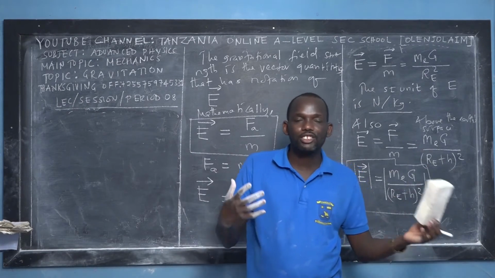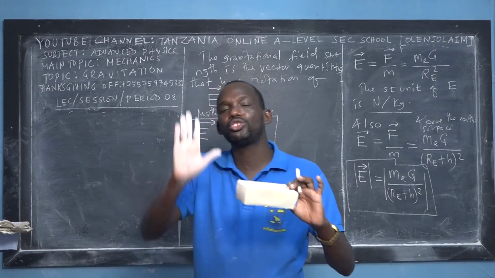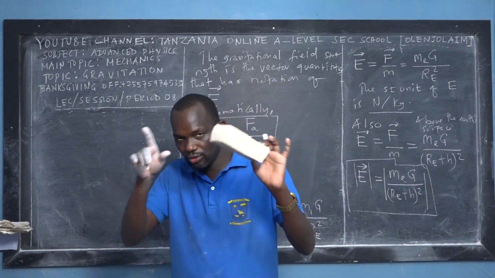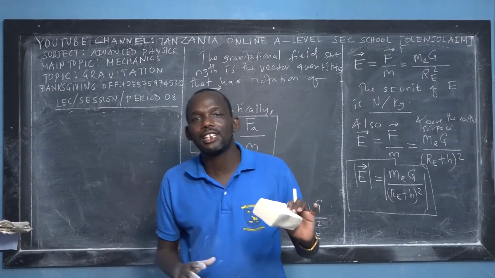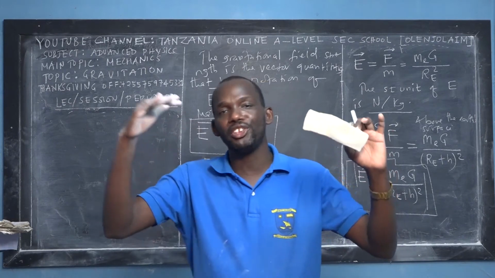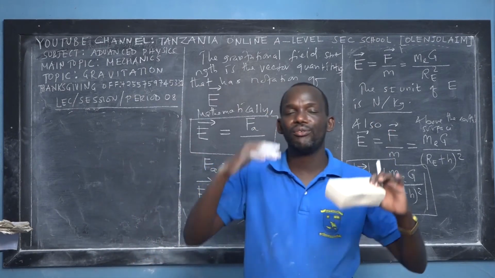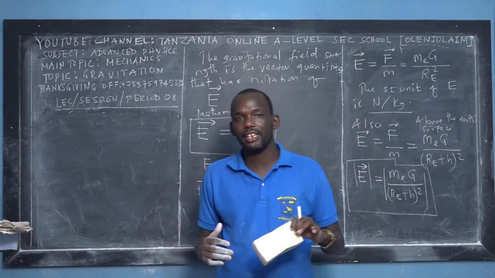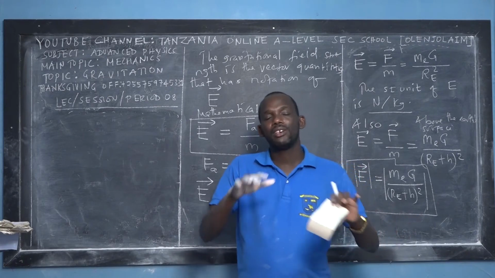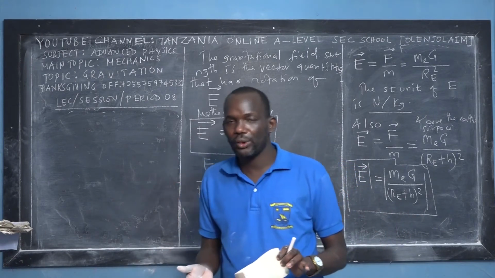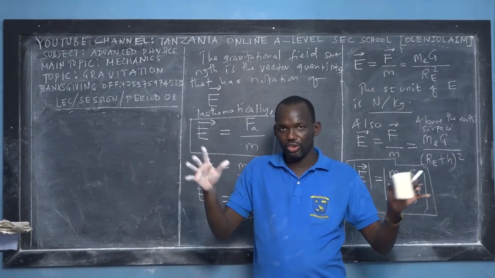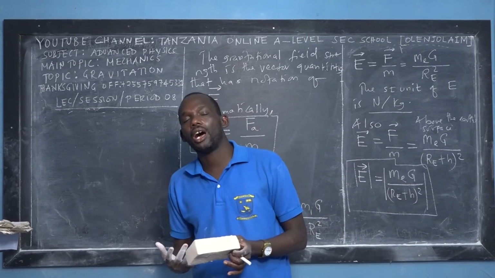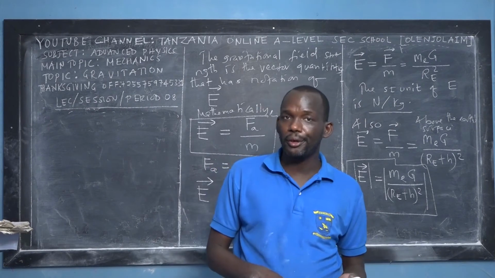So if the satellite manages to travel and pass the gravitational field strength of the Earth, then we consider that the satellite has reached the infinity region. And then we have non-infinite regions where the gravitational field of the Earth still reaches that satellite at that particular point.